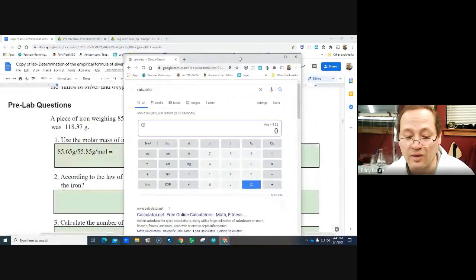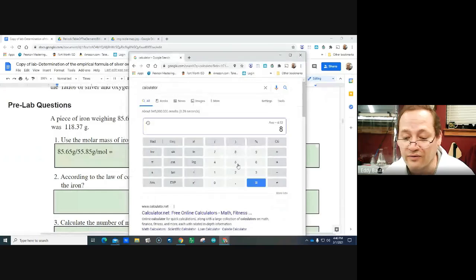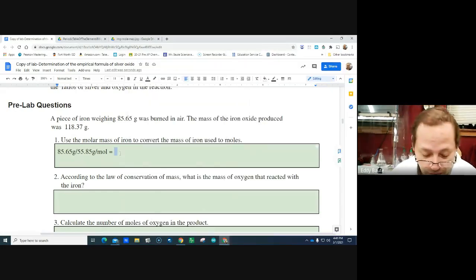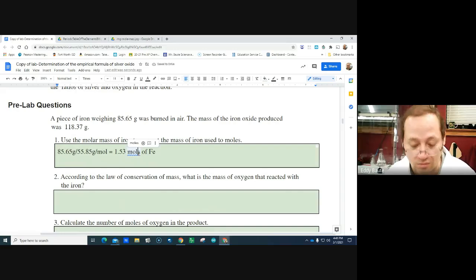We need to divide 85.65 by 55.85, and you get 1.53 moles. So this is 1.53 moles of iron.